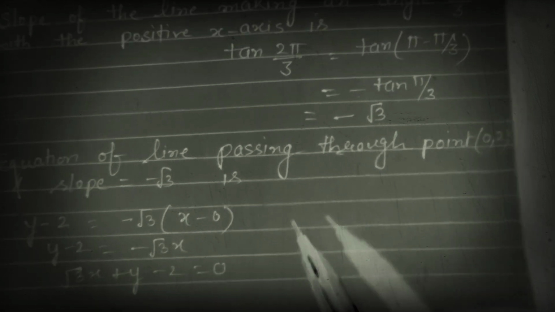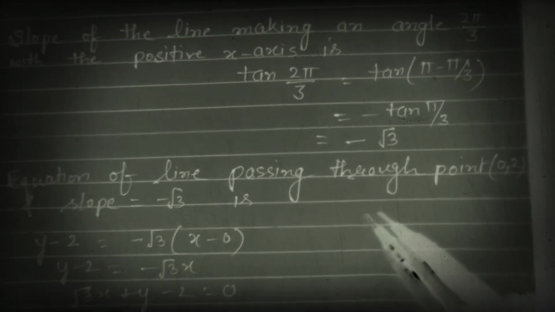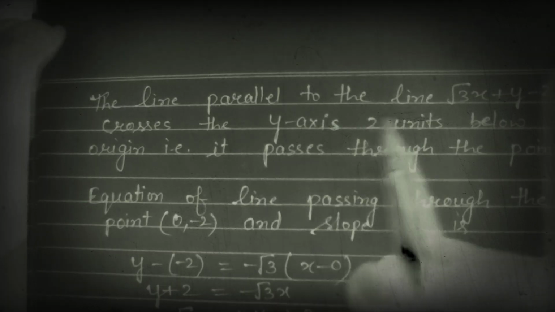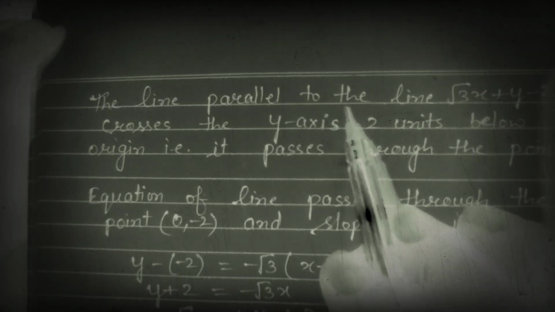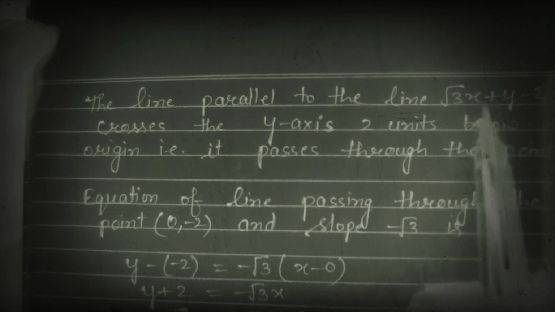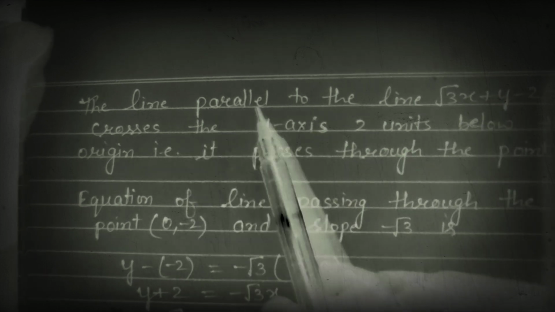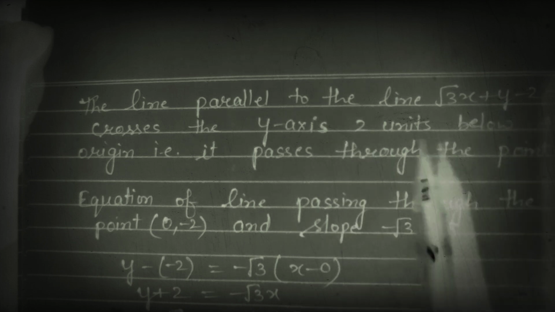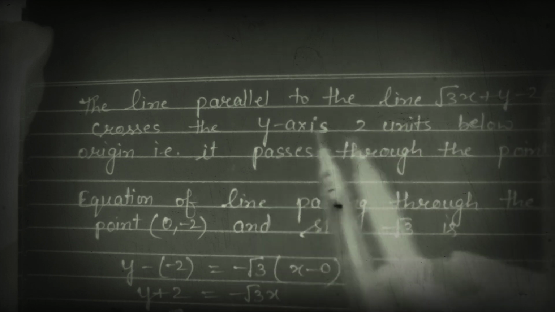Now we will do the second part of this question. In this part, we have to find the line parallel to the given line. That means the slopes of these two lines are equal.